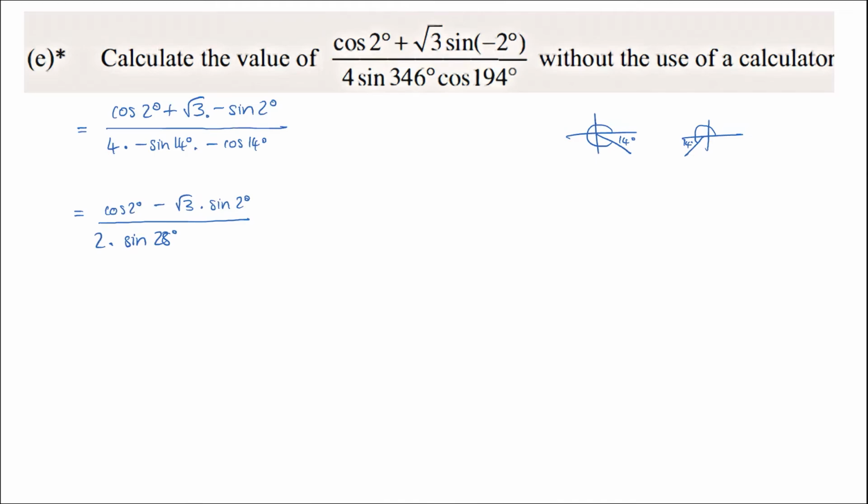Okay, if we are dividing this numerator by 2, we can also think of multiplying each term in that numerator by a half.